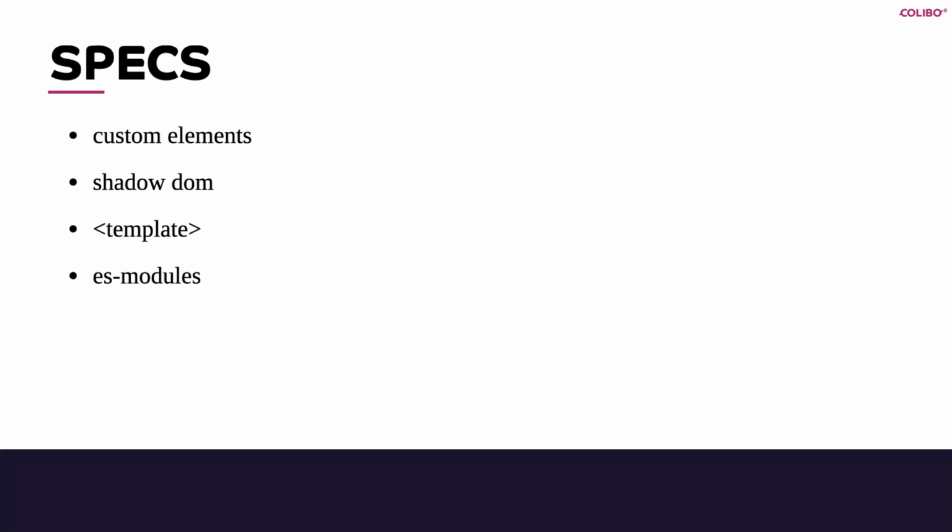Shadow DOM is a way of encapsulating your component's view so that it doesn't interfere with view outside, and the view outside doesn't interfere with view inside. So that has long been a big issue on the web, that whenever you put something in your page somewhere, even though it's just a tiny little date picker or something, it might mess up the rest of your site because all styles and stuff are global.